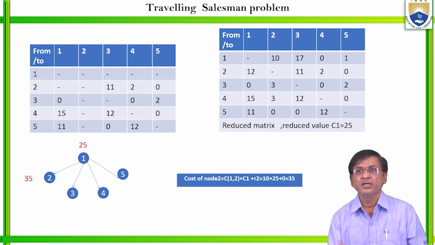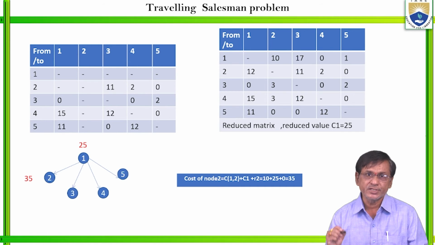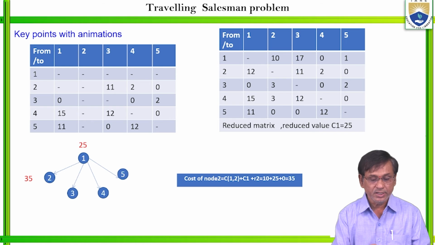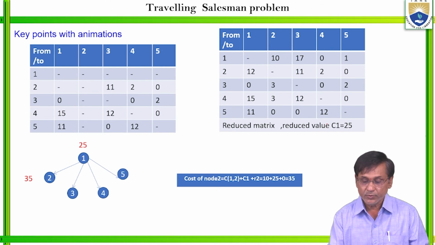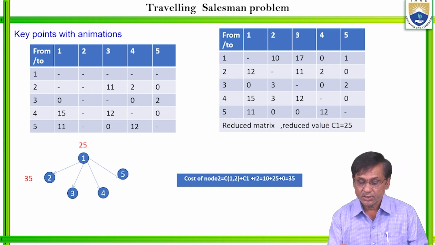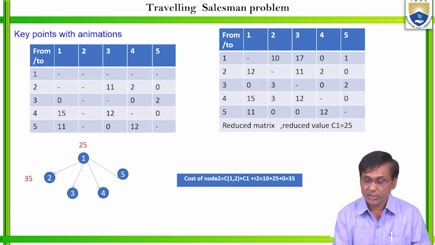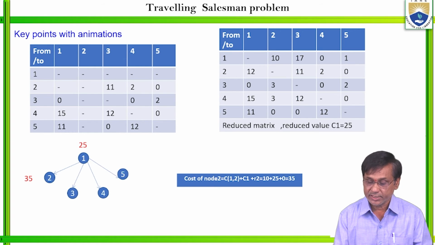If it is possible, then we have to find out that reduced value. Now, this is the matrix. Reduced matrix is this, and then we have to see, is there any possibility to reduce it. So on the row side, there is no possibility here. First we have to change that one. So this is the reduced matrix.